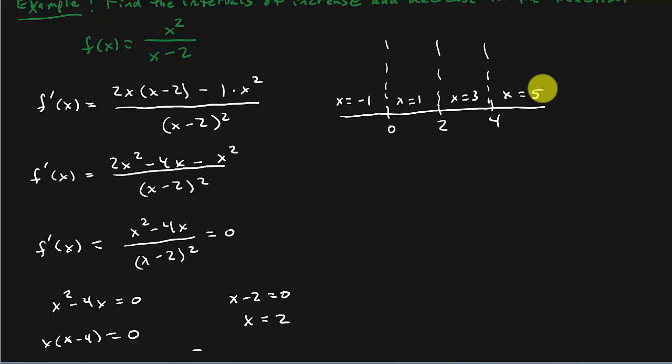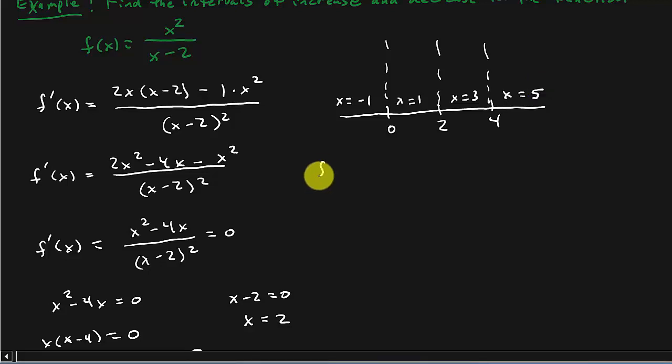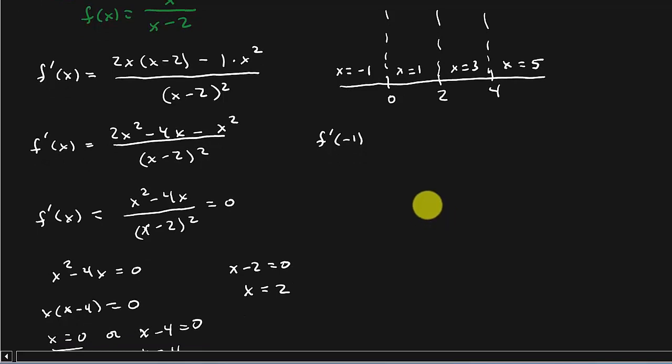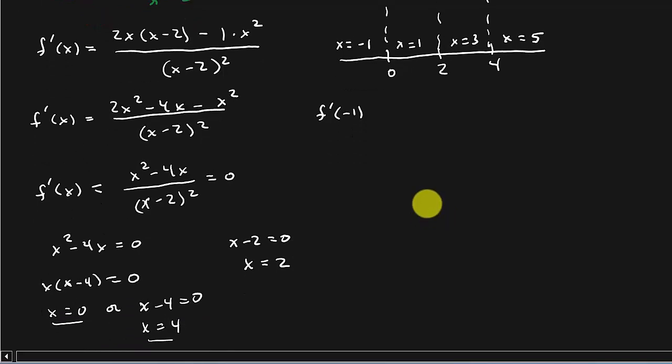Now I've got f prime of -1. I have to figure out where I'm going to plug this in. Let me show you this, which will make it easier. x times (x minus 4) over (x minus 2) squared. Factor that numerator out. You've got it factored out anyway.